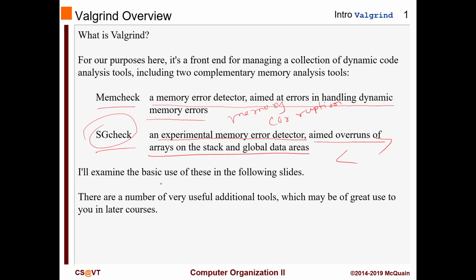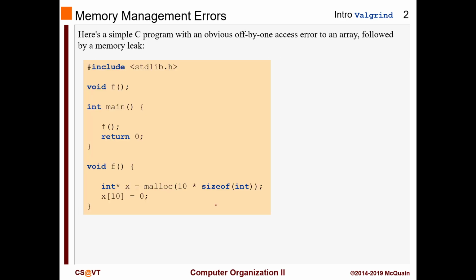We'll examine the basic use of Valgrind. Honestly, you have already seen this by now, but this is just a formal explanation of the whole thing. So this is a very simple code we are going to take a look at. This is a header, or declaration, of the function f.